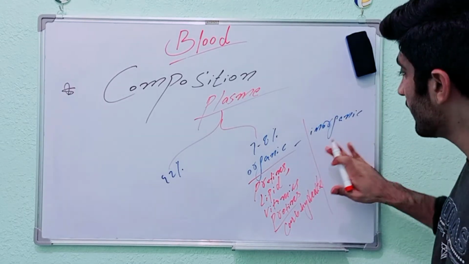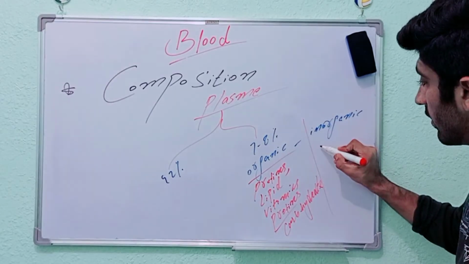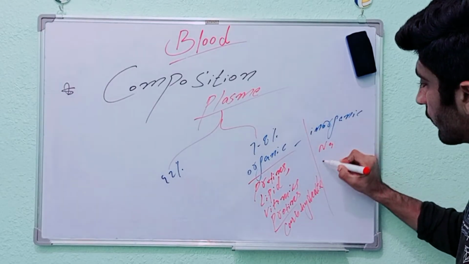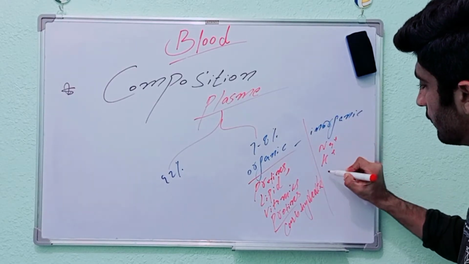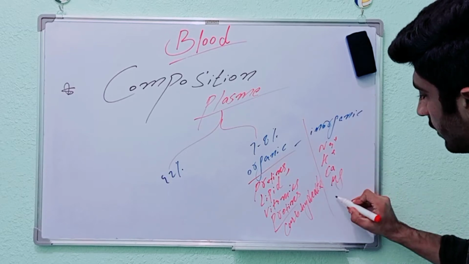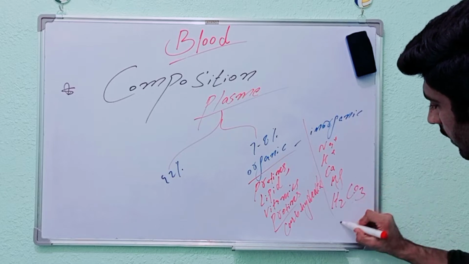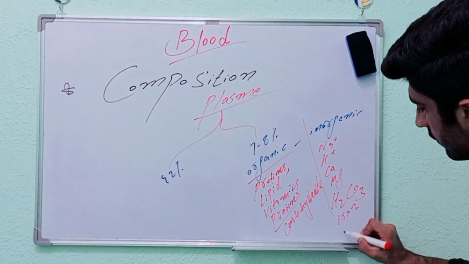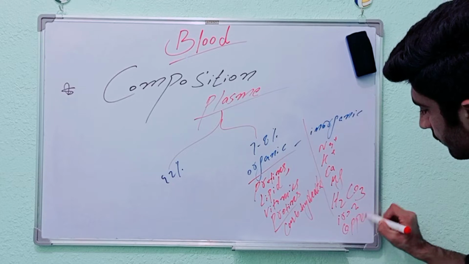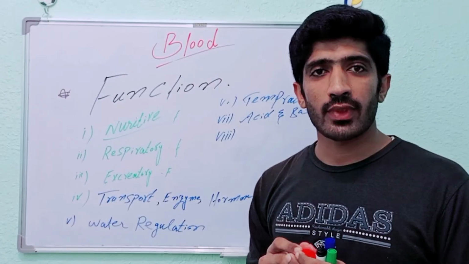And the inorganic substances are sodium, potassium, calcium, magnesium, bicarbonate, iron, copper. So these are the inorganic substances.